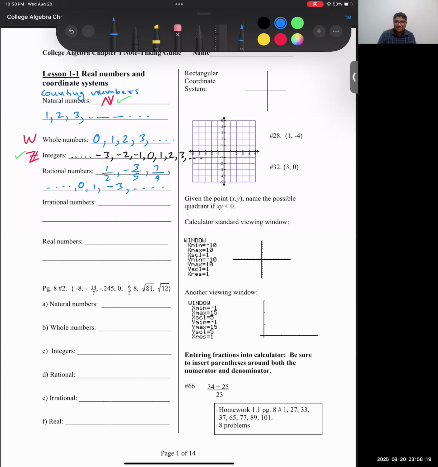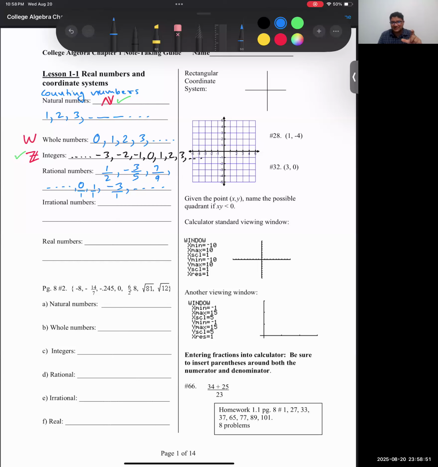As we go down this list, you will notice that from natural numbers to whole numbers to integers to rational numbers, each successive set contains the previous ones. And why do I say 0, 1, -3 are also rational numbers? Because even if you wanted to write them as fractions, you can easily do so just by writing them divided by 1. -3 is -3 divided by 1.